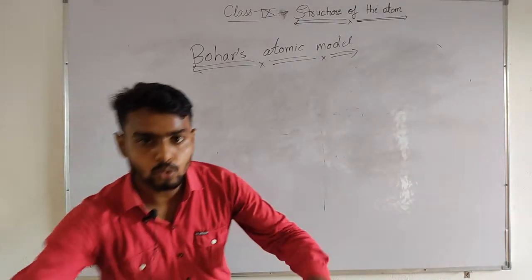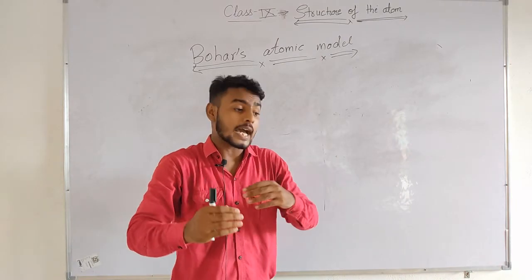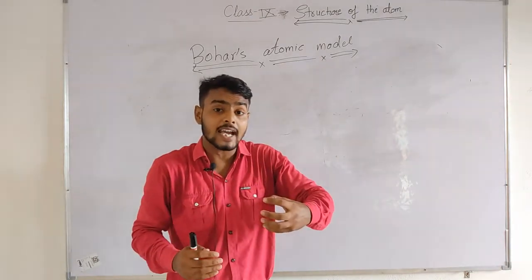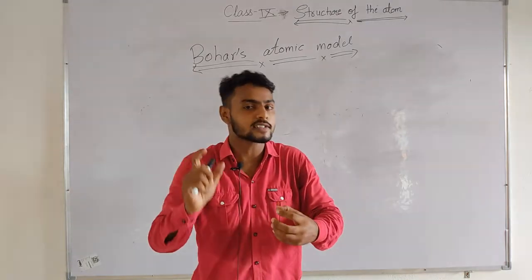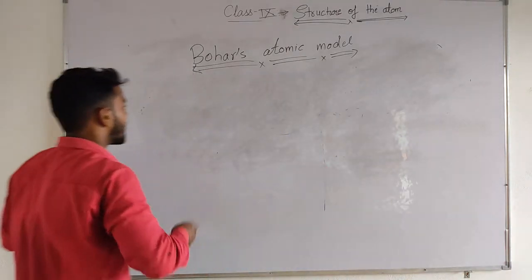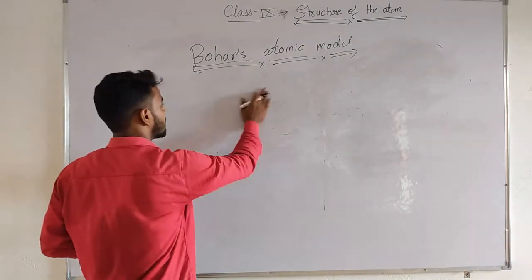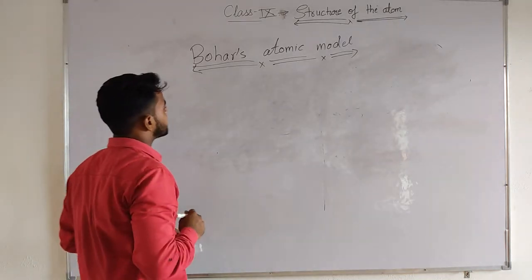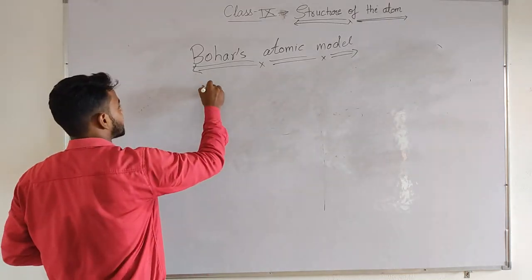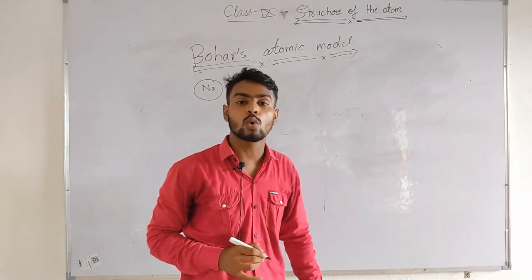We are going to learn how the electrons are arranged in the atoms of elements. Look very carefully. I am going to take an example, sodium. The atomic number of sodium is 11.